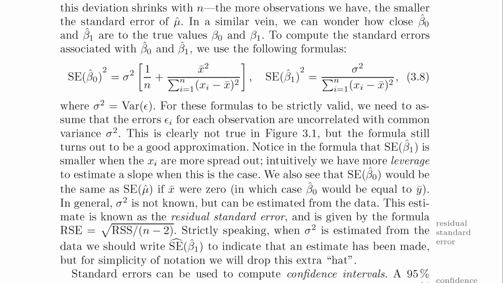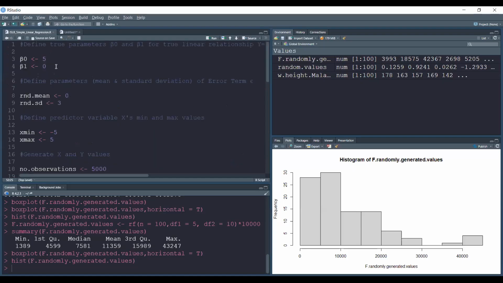Now in practice, you wouldn't know sigma. Would you? Just like you wouldn't know the true relationship. Although we have been coding recently where we assume that we know these. You assume that you know your true beta naught, your true beta 1. You assume that you know your error term's standard error. In practice, you don't actually know it.